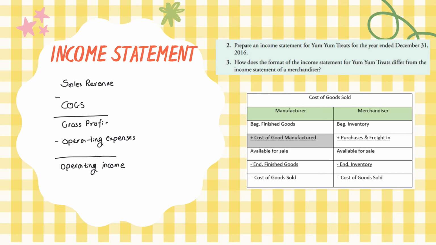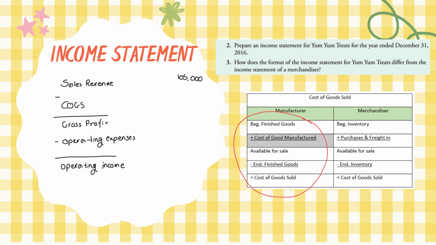Okay, so if you look at the question, your sales revenue amount was 105,000. And cost of goods sold, according to the formula that we used earlier, which is this one, it's beginning finished goods plus cost of goods manufactured less ending finished goods equals cost of goods sold.